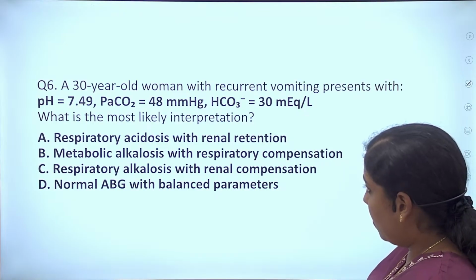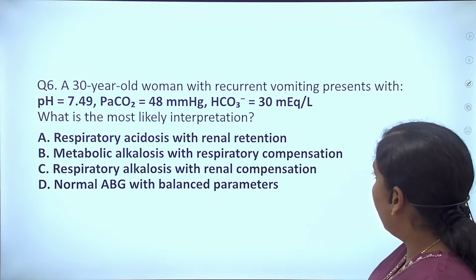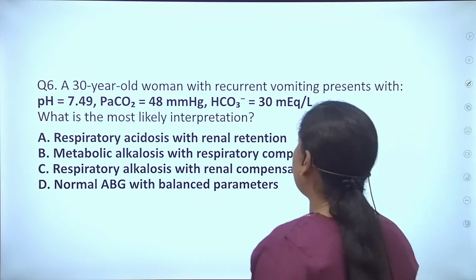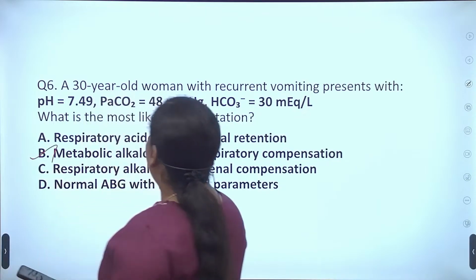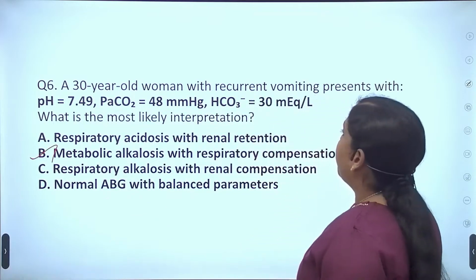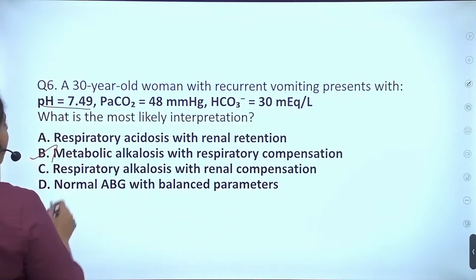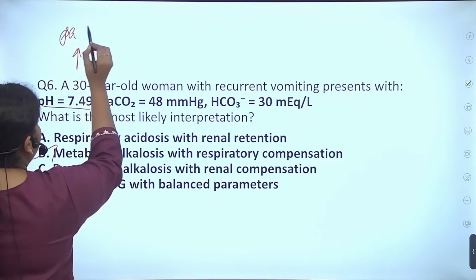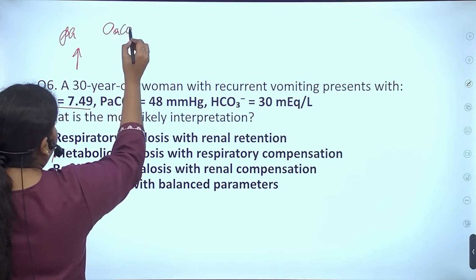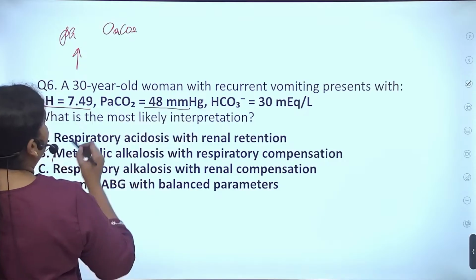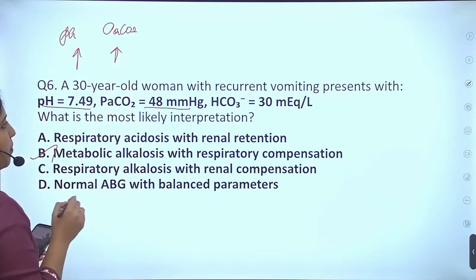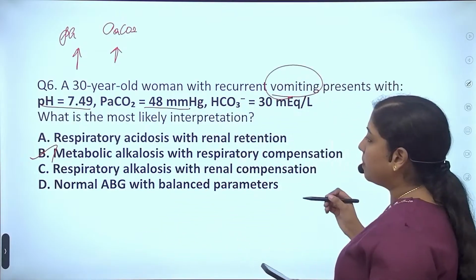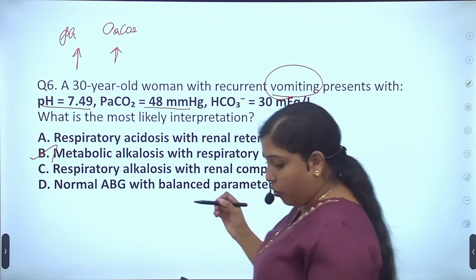Again, the answer is B. B is the correct answer, which is metabolic alkalosis with respiratory compensation, right? Here you can see the normal pH is 7.35 to 7.45 and it is increased. PaCO2 is 48, that is also increased, so they are going in the same direction, and vomiting is also supporting, which is fluid loss.